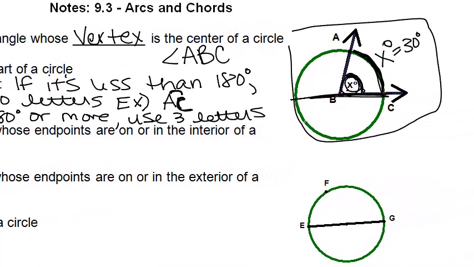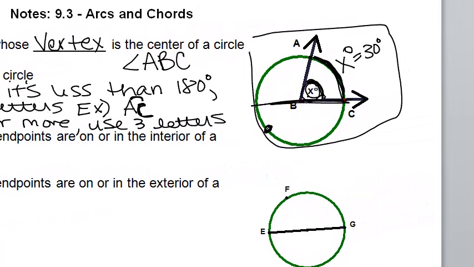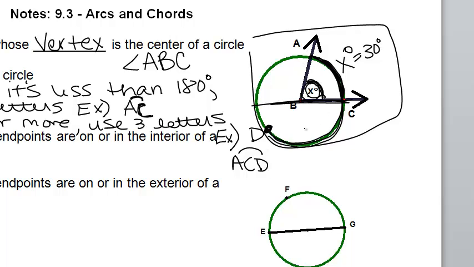So if I add another letter here, let's call this D, and I wanted to talk about this arc, it's more than half a circle, so I would say arc ACD. And you can go backwards, so you can say DCA. But the point is you have to have a starting point and an end point and then some point in between so you know which way around the circle you're going.